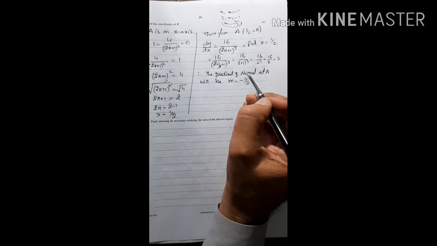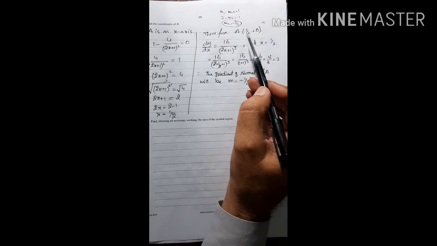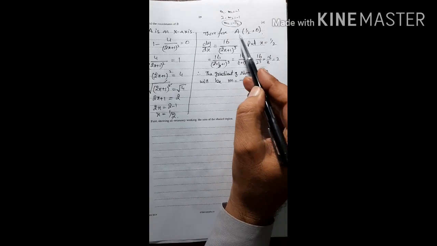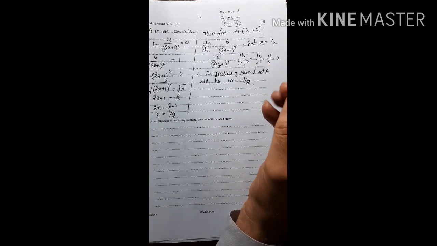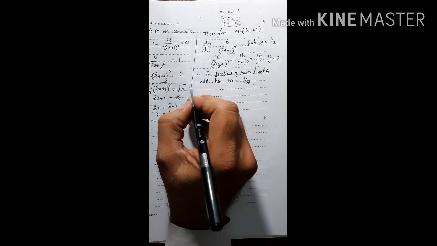Now the normal is also passing through A, so I have A and I have this gradient, so I'll use the point-slope form to find the equation of the normal.